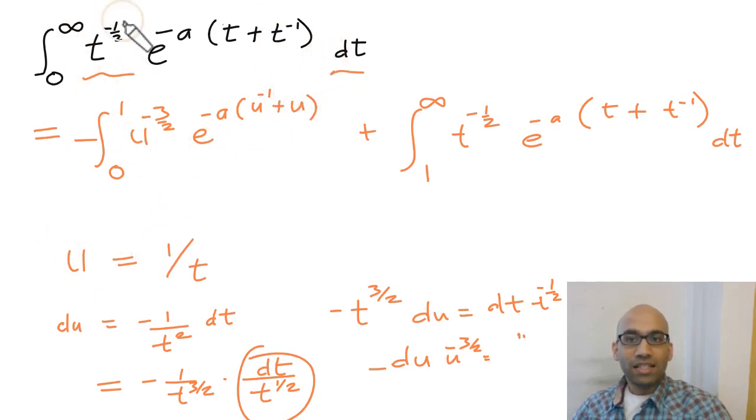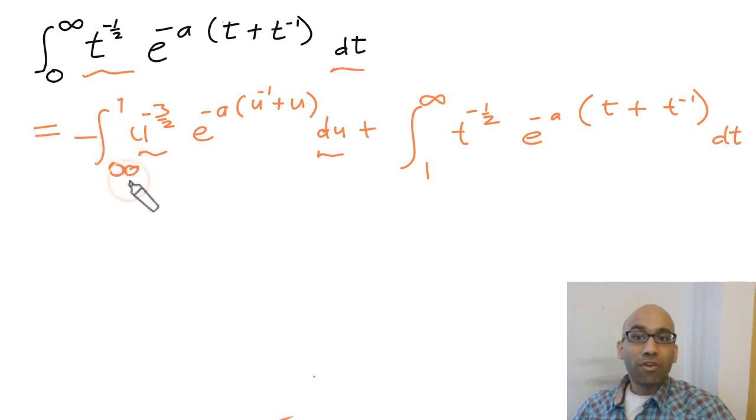Then this t to the power minus half dt is u to the power minus 3 divided by 2 times du. But note that you're going to need to change your limits of integration: instead of 0, it's now infinity, because u is equal to 1 by t, and this stays as 1. Now you've got a negative sign integrating from infinity to 1, which we can just write as a positive sign integrating from 1 to infinity.